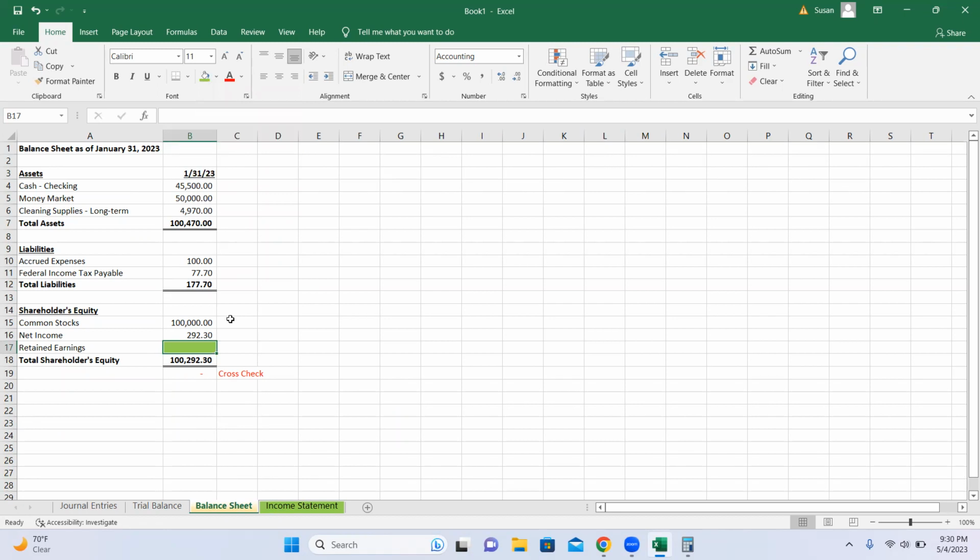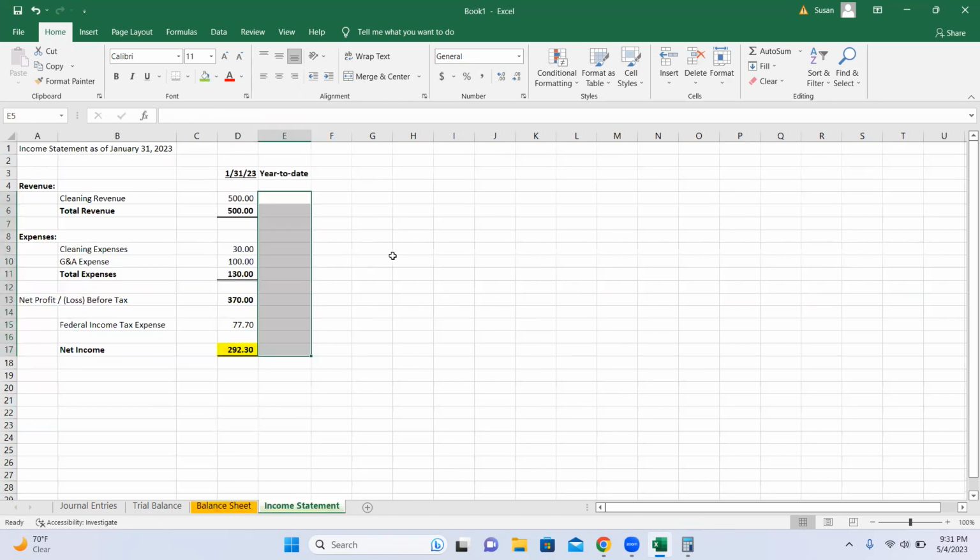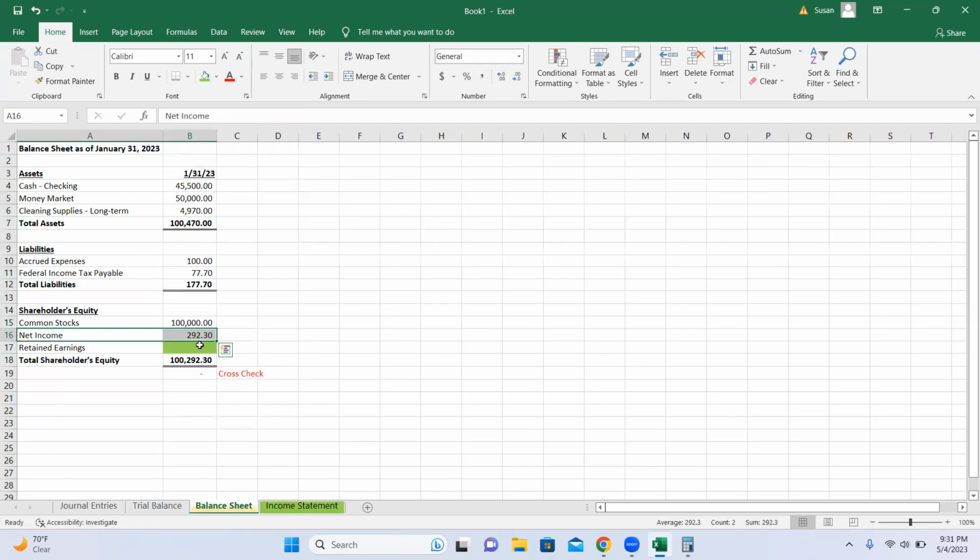So closing it out of the income statement and putting it in the retained earnings bucket. So then when you start 2024, you don't have a balance here. And then the net income will start capturing the fresh new numbers for 2024, but you'll always have a retained earnings balance after you close out the first year.